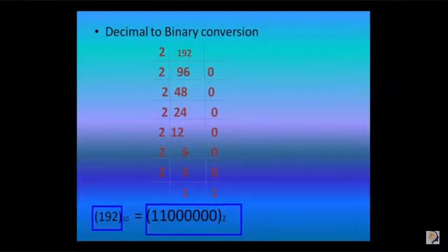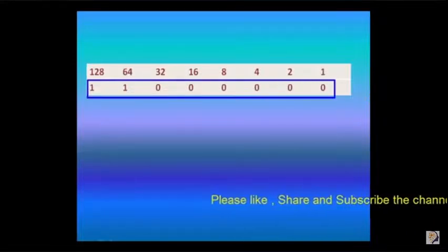Clear? So very easy, nothing complicated, just practice a few things and it will really become clear to you. If I go through the reversal process of this, look here. This was the binary of 192.